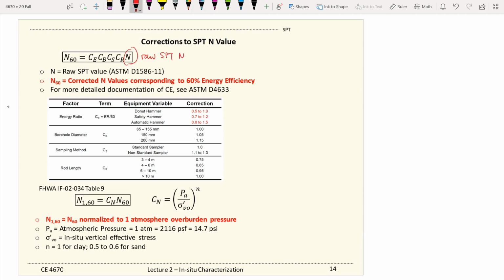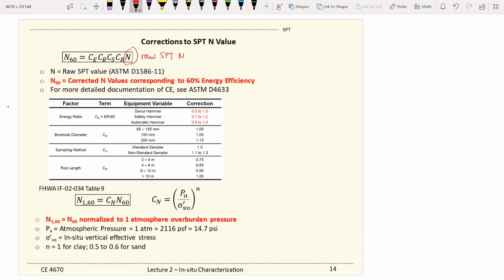But since there are so many different types of SPT rigs, and throughout the history of practicing SPT the equipment may be a little bit different, through generations the efficiency of the SPT changes because we get better machines and the technology advances. So all of this will be changing, and yet we just use one parameter to represent the soil resistance.